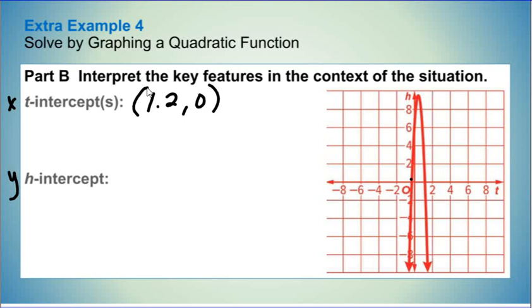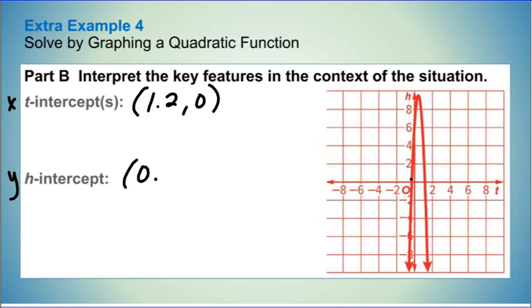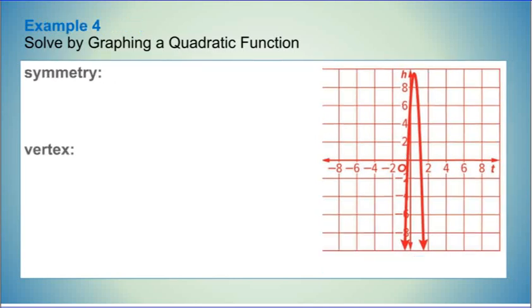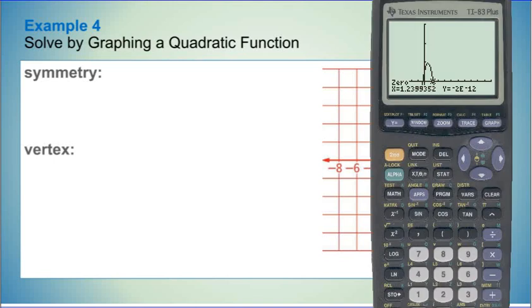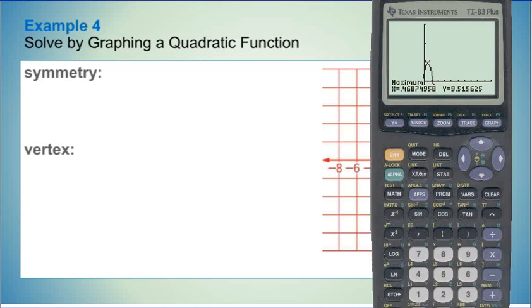The y-intercept, where it crosses the y-axis, we go back to it's 6. So the y-intercept would be 0, 6. Next, the symmetry. You need to look at the vertex here. So if we grab our calculator again, hit second, trace, it's a maximum, so number 4. Go to the left-hand side of it, hit enter, go to the right-hand side, hit enter a third time, and it says 0.46.